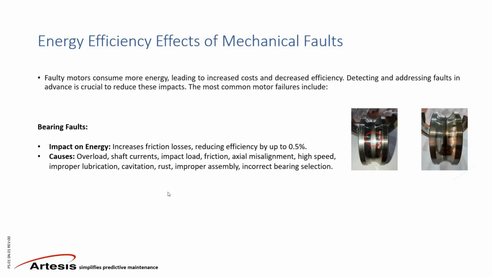Now we have looked at the operating condition. Now we're looking at the electrical or mechanical faults, and how they are affecting the efficiency of motor-driven systems, rotating assets, basically.